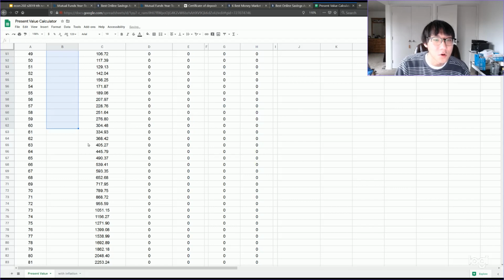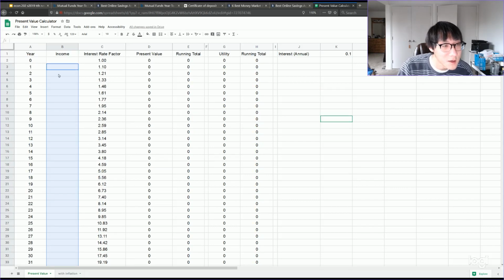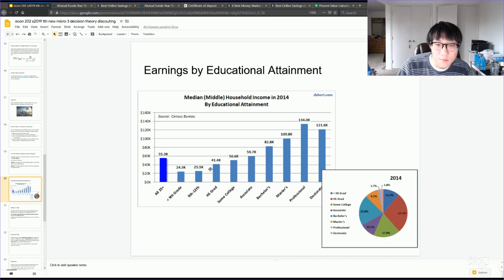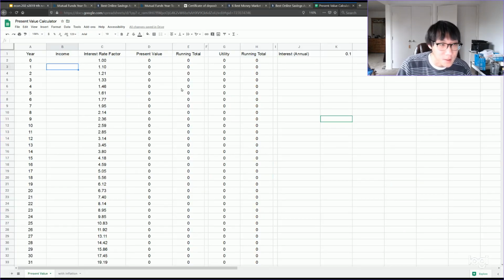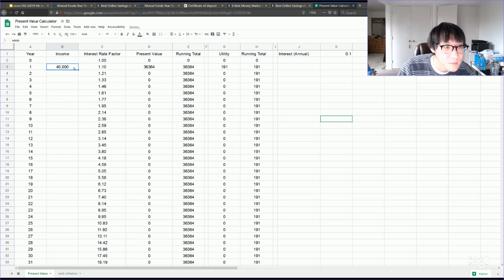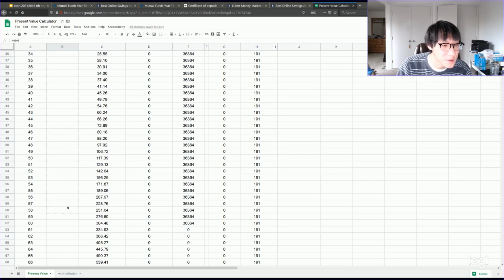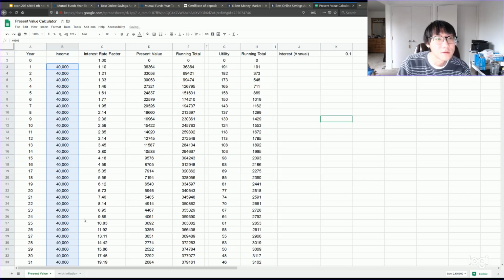Let's start with the non-college option. We're going to get paid 40 grand, starting from year 1, and let's do the calculation out to year 60.